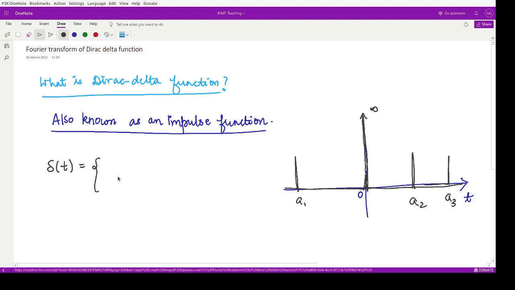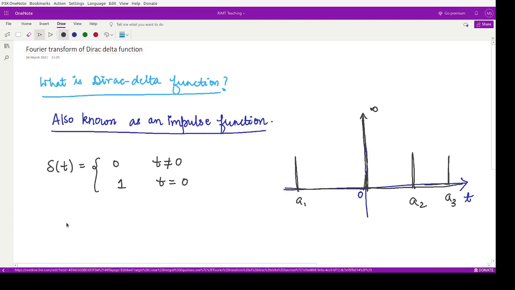This is equal to 0 at all the points except 0, and it is equal to 1 whenever t is equal to 0. So when the magnitude is restricted to 1, this is known as the unit Dirac-delta function, right? And otherwise its magnitude here is infinite. So this is the definition.